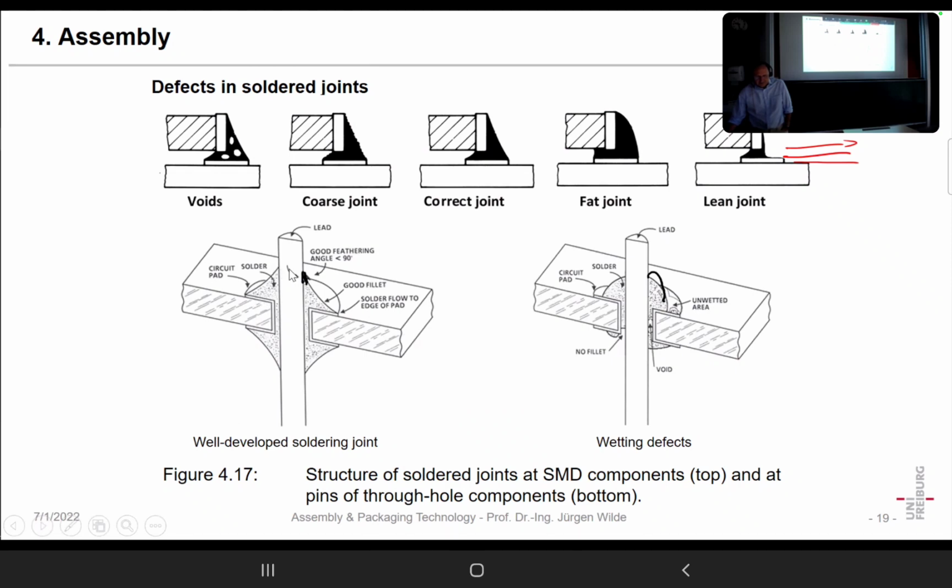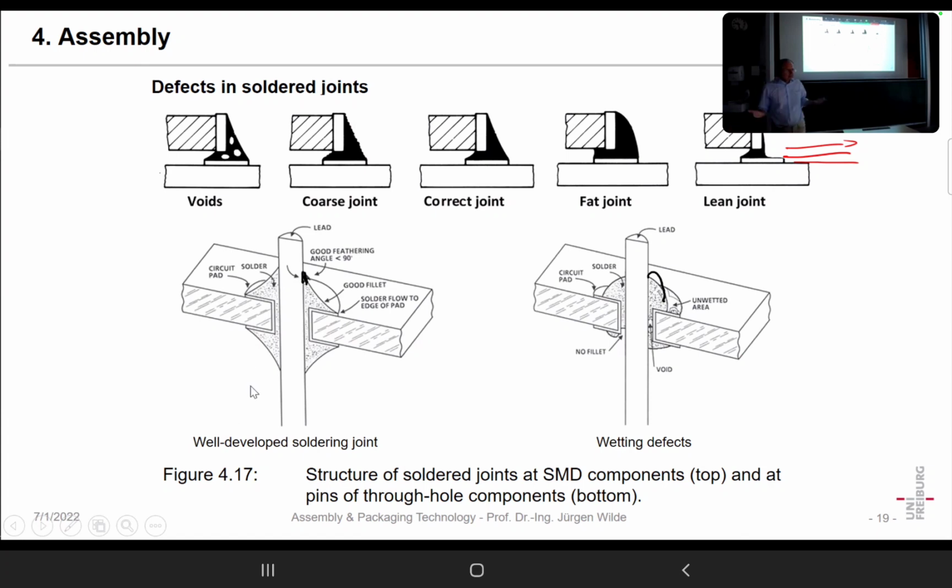So when we have the solder, we must have a good, it is called feathering angle. So it's a wetting angle here. It must be significantly below 90 degrees so that then you can even compute wetting forces, and they are higher then. You must not have any unwetted areas.